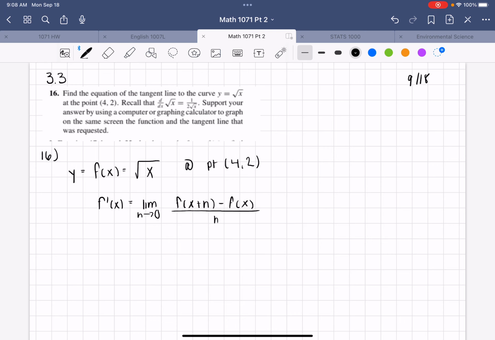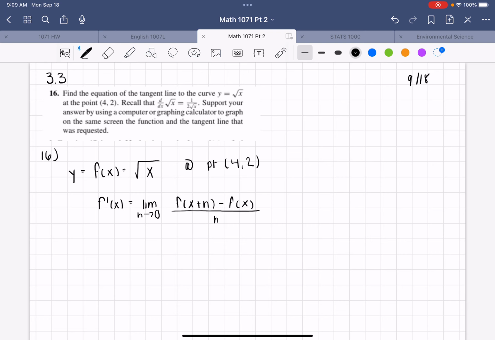I guess I could, though. They want you to use a graphing calculator to draw the picture, which we wouldn't in this case, but that's what the graph of root x looks like. You'll learn this for midterm 2. And here we want a point at 4.